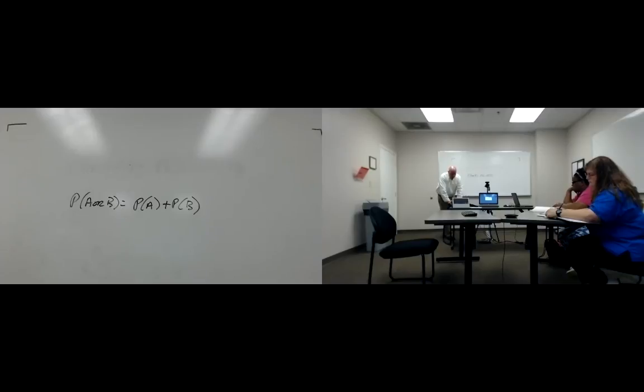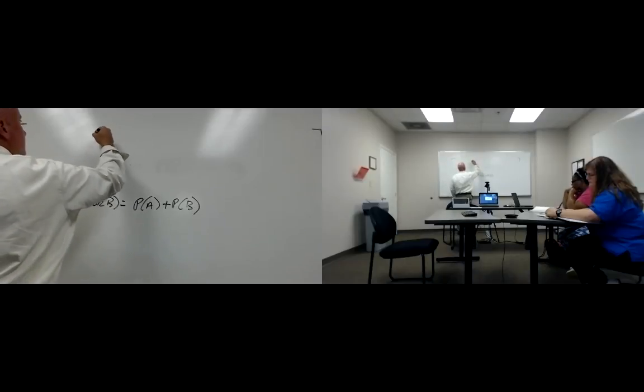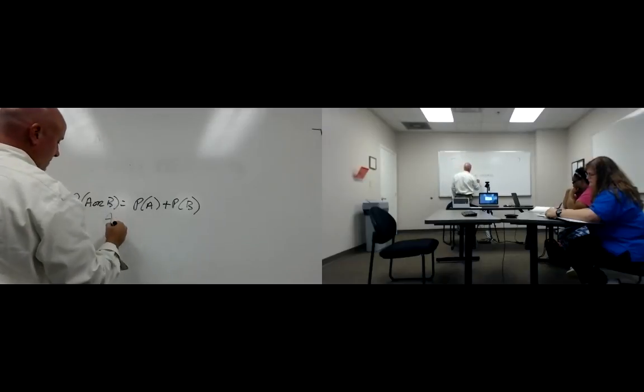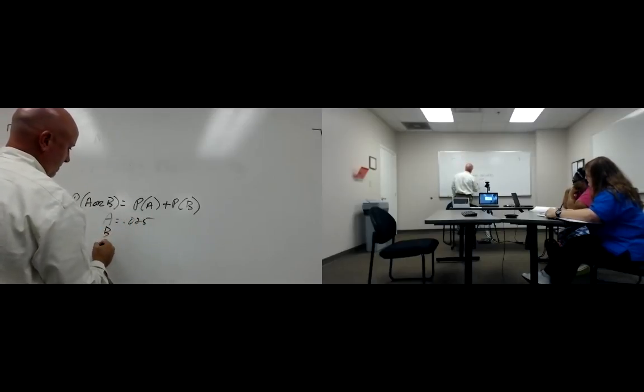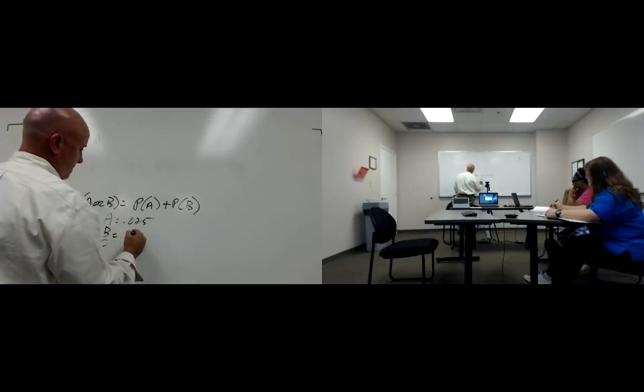What's the probability, the book gives us, what's the probability of either A or C occurring? A is 0.025. C is 0.075.